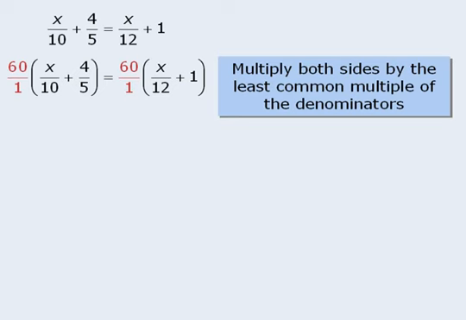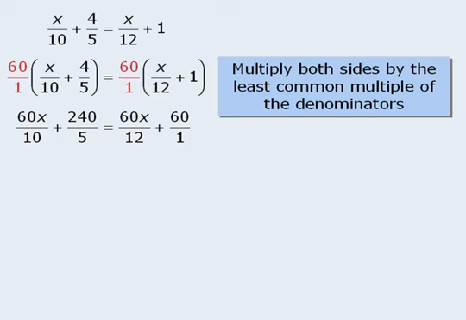From here, we will expand both sides beginning with the left-hand side. 60 times x over 10 is equal to 60x over 10, and 60 times 4/5 is equal to 240 over 5. On the right-hand side, we'll multiply 60 by x over 12 to get 60x over 12, and we'll multiply 60 by 1 to get 60 over 1.